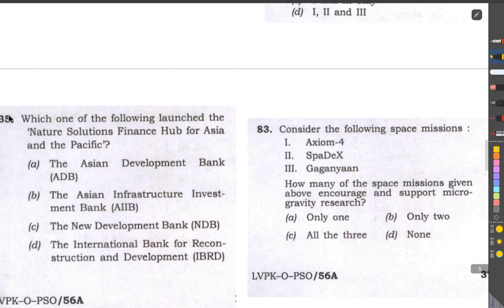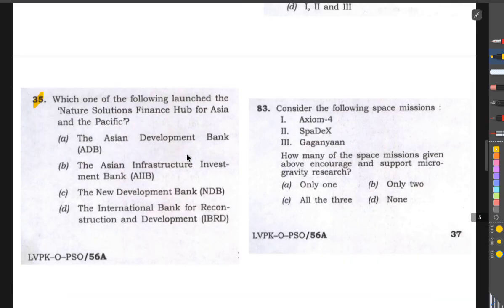And here, in this 35th question, they are talking about the Nature Solutions Finance Hub for Asia and the Pacific. In logical reasoning, one of the most important things is that we have to clearly spot the keywords that we need. Here I'm spotting Asia and Pacific, and in the 4 options given below, there's only one body which is exclusively working in Asia and the Pacific, that is the Asian Development Bank.